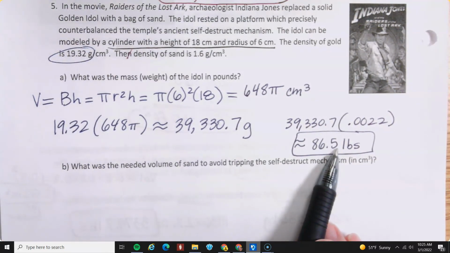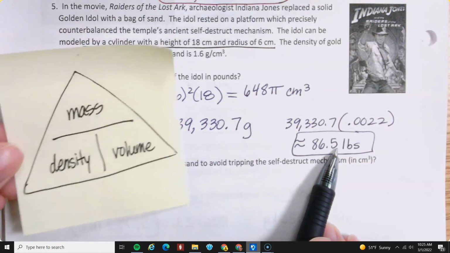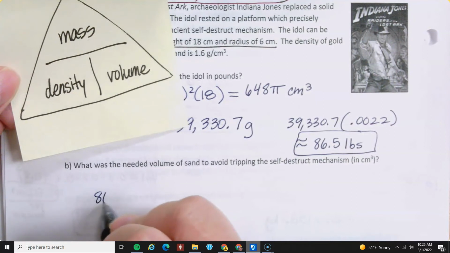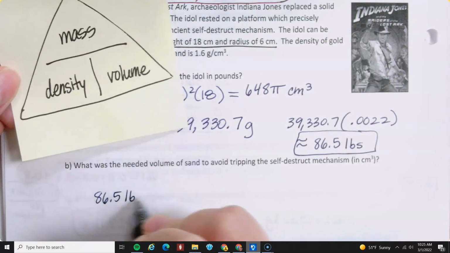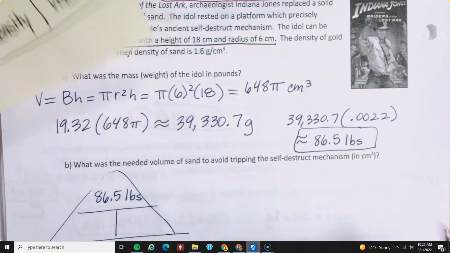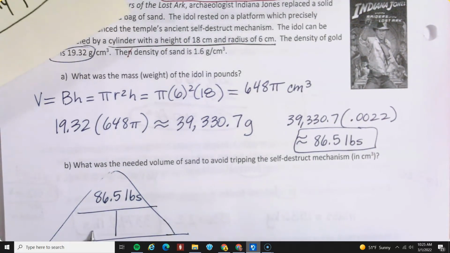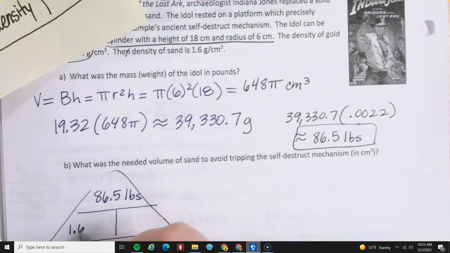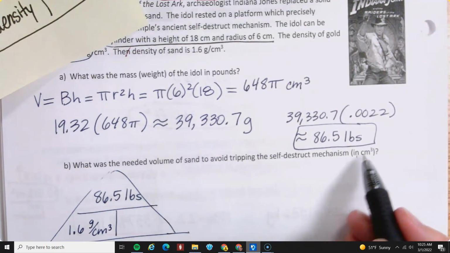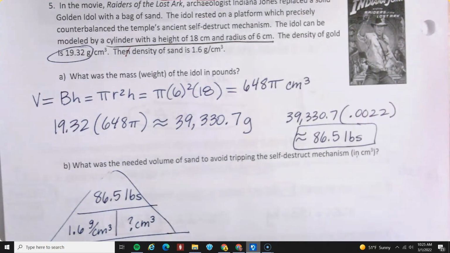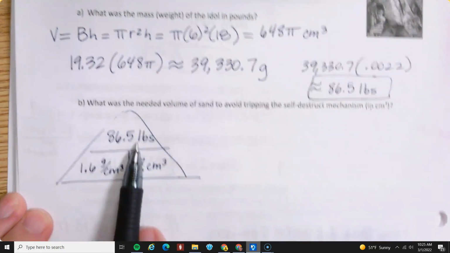Now remember, this is mass. So we're looking at 86.5 as my mass. Here we know the density of sand is 1.6 grams per cubic centimeter. And they want to know in cubic centimeters, what's the volume? Now, don't forget, this is grams, this is pounds.